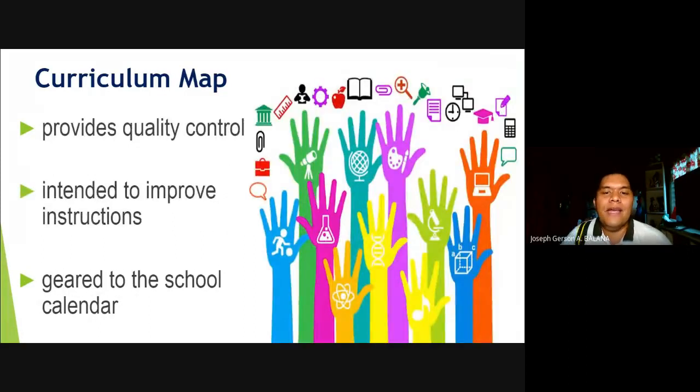The curriculum map provides quality control, because it will check whether things are aligned from the vision and mission of the school to the content standards and the performance standards in the curriculum, to the competencies, to the values that the school will inculcate, to the activities that will be done in the classroom level, and to the assessment techniques and strategies that will evaluate learning, and to the materials that will be used as resources.